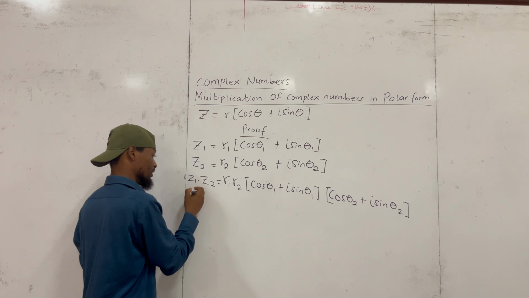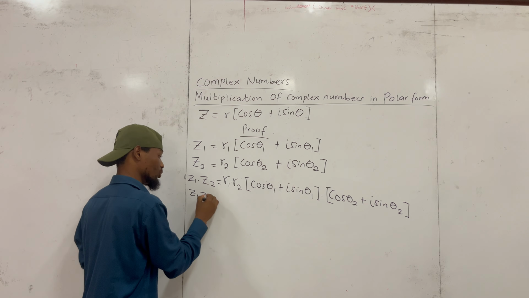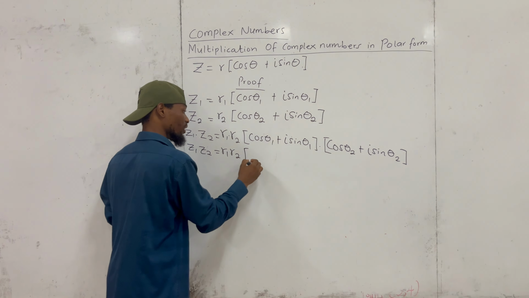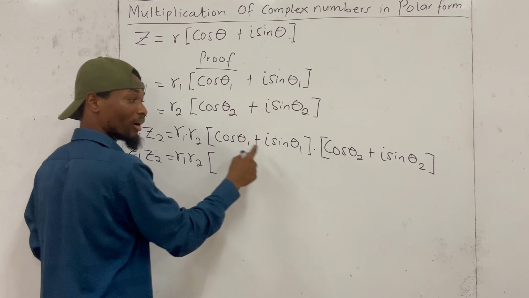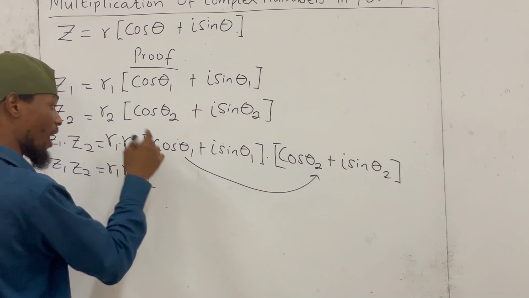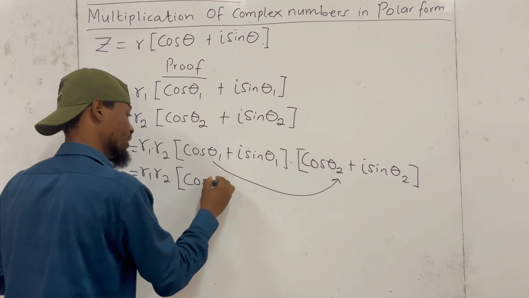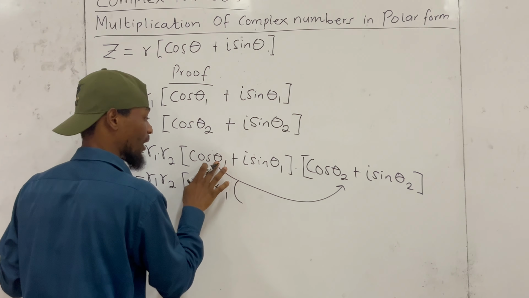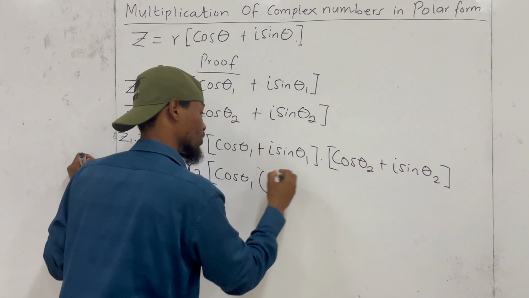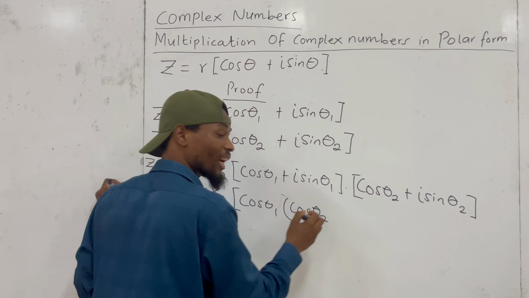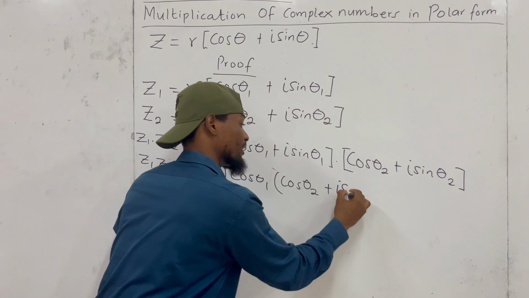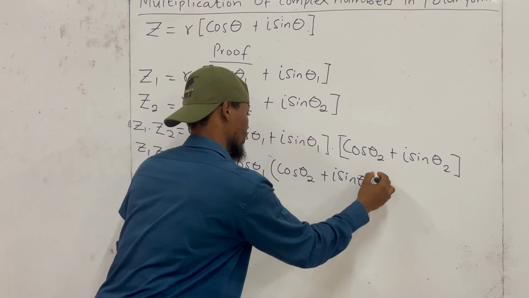So we have z1 z2 is equal to r1 r2, then cos theta 1 multiplies the expression over here, so I have cos theta 1 multiplying cos theta 2 plus i sine theta 2.